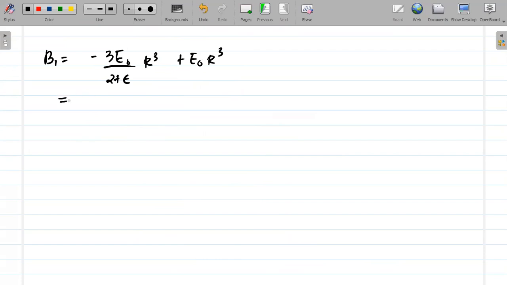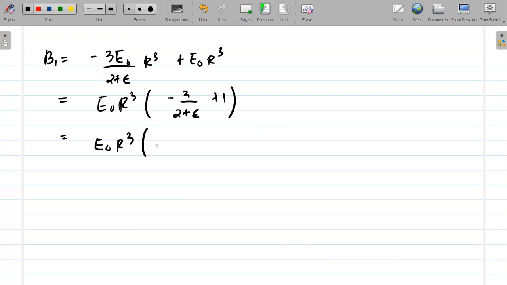Bale, ito ay, kaya ba itong i-simplify? E naught R cube times negative 3 over 2 plus epsilon plus 1. Now, this is E naught R cube times negative 3 plus 2 plus epsilon over 2 plus epsilon.